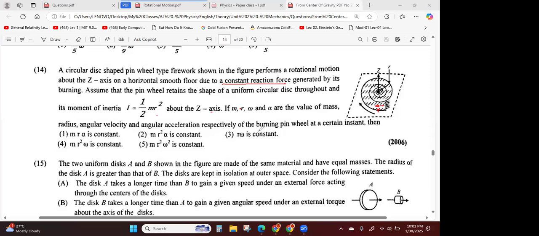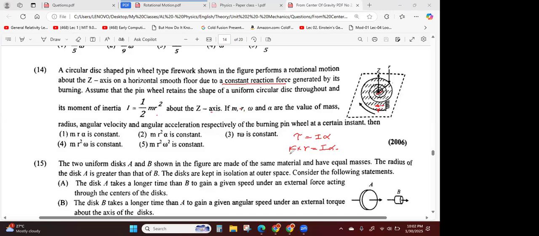So we can write torque equals I alpha, and also torque is the force times the distance, so F times radius R equals I alpha. I think there's no need of circular motion.